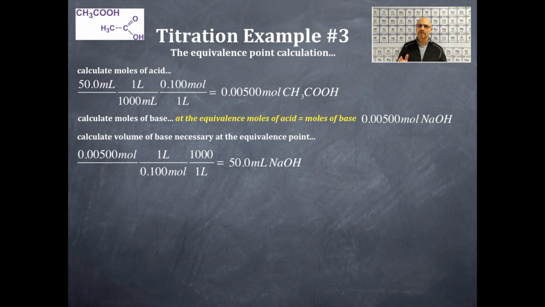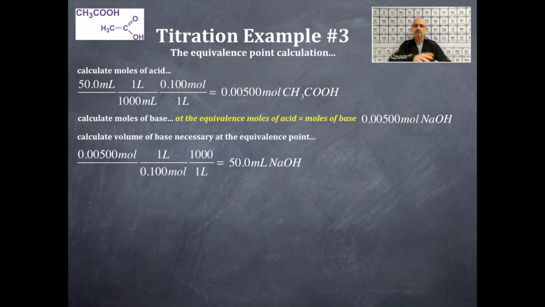I don't know if you remember this, but in part A of titration example number 3, I pointed out that there is something very important here. Because the molarities of the acid and the base are the same, something special happens. That 50 milliliters of base required is the same volume of acid that you have.